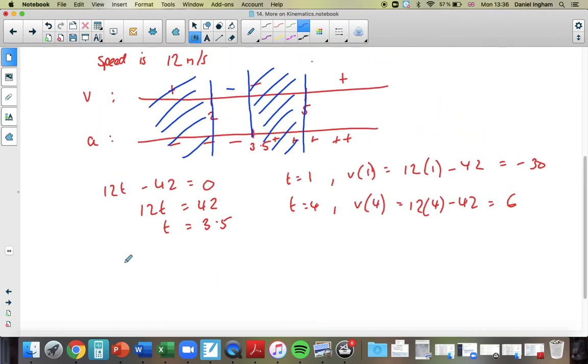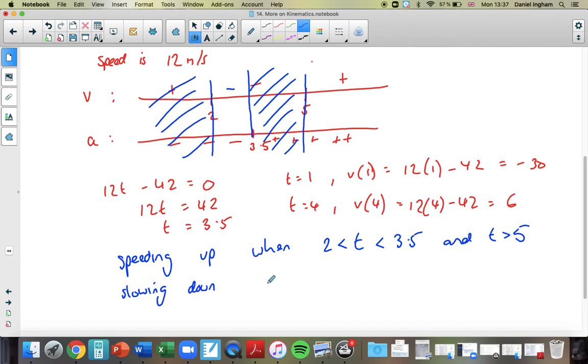So I can conclude that it is speeding up when t is between 2 and 3.5 and when t is greater than 5, and it is slowing down when t is less than 2 and when t is between 3.5 and 5, in these areas here.